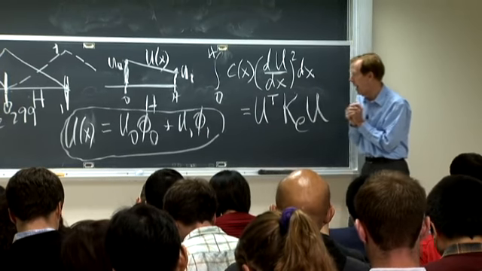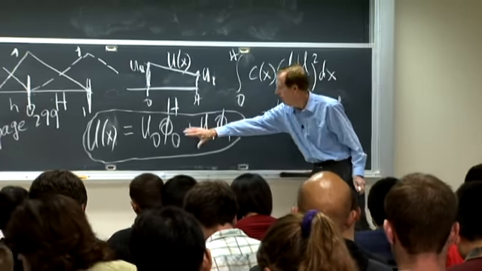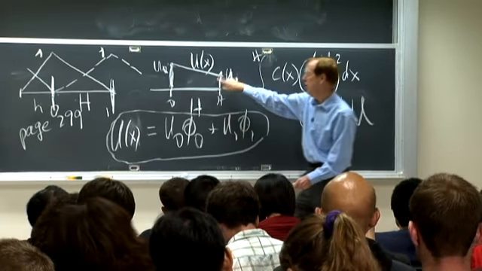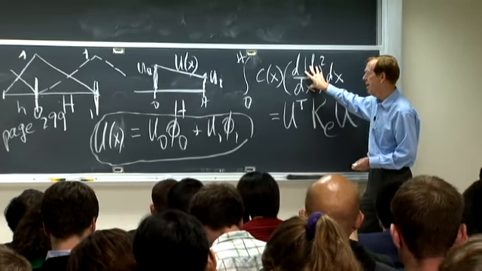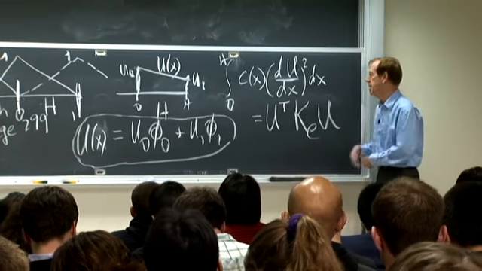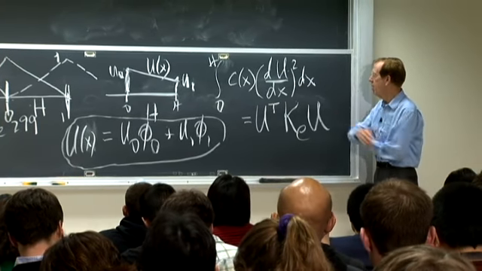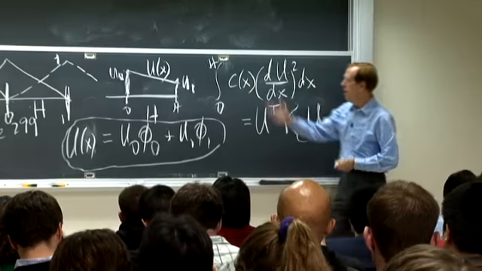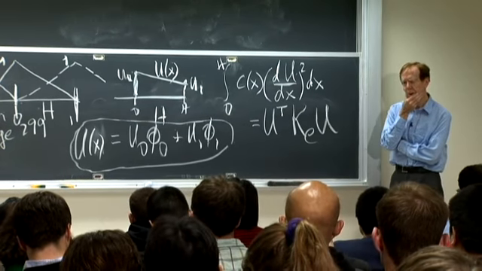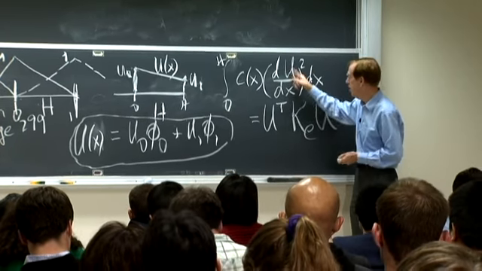So what's my plan? My plan is, here's my function, there's its picture. I'm just going to plug it into here. Oh, it's going to be simple, isn't it? What's the slope of that function in that element, on that interval? What's du dx?